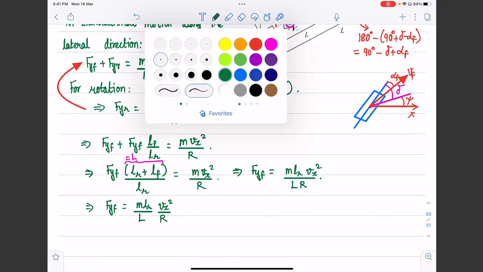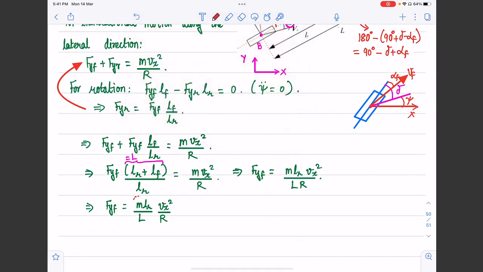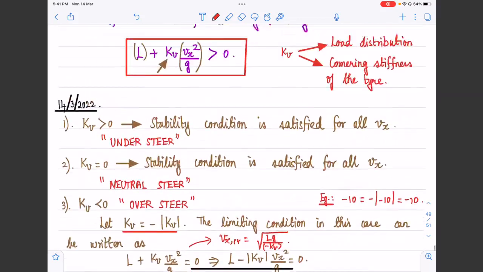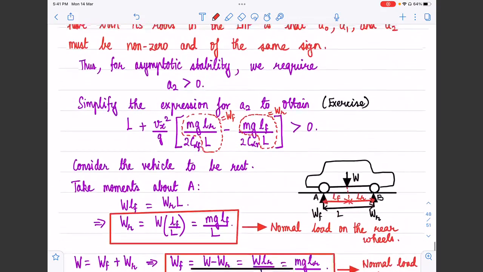And what is this m Lr by L? Do you remember what is m Lr by L? So weight distribution. Very good.